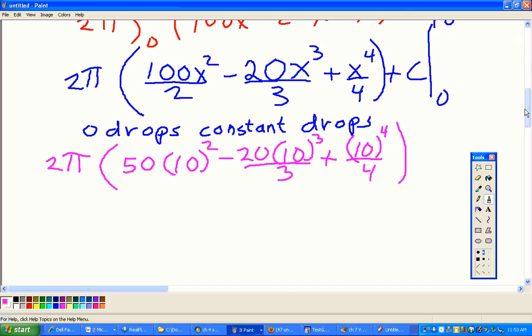They were kind. They gave me nothing but zeros, so if I'm doing this without a calculator, which you might have to do, 10 times 10 is 100, so that's 3 zeros total. If I do this, 10 to the third gives me 3 zeros, another one here gives me 4, so that's 20, 2 followed by 4 zeros. This is 1 followed by 4 zeros.